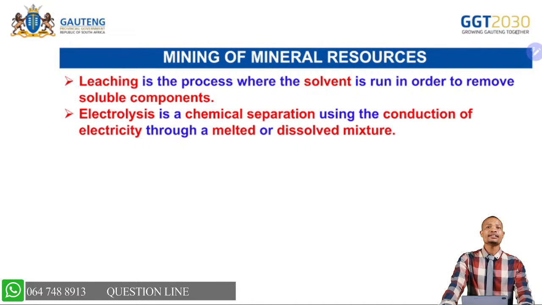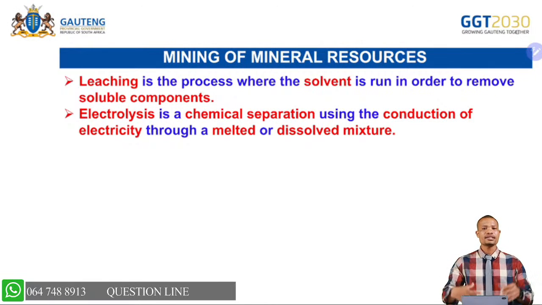Electrolysis, on the other hand, is a chemical separation using the conduction of electricity. Electro has to do with electricity, so that's how you're going to remember it. Electrolysis is a chemical separation using the conduction of electricity through a melted or dissolved mixture.